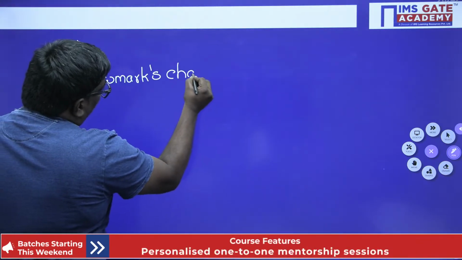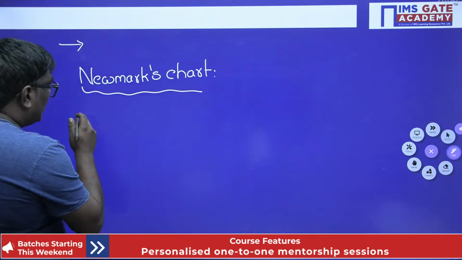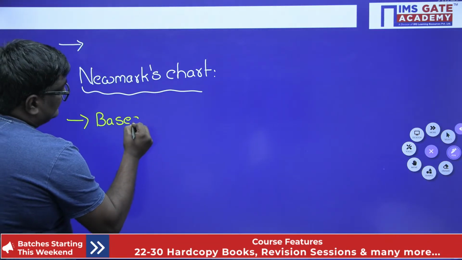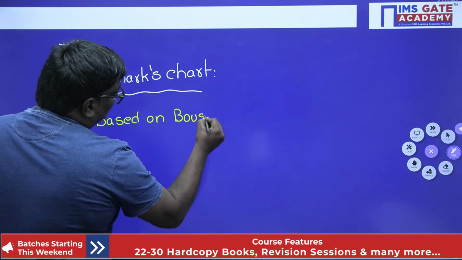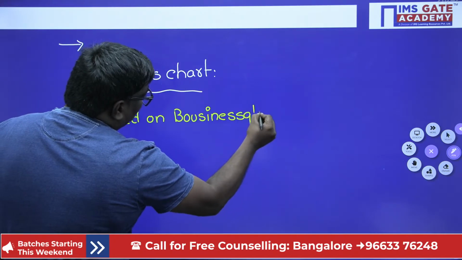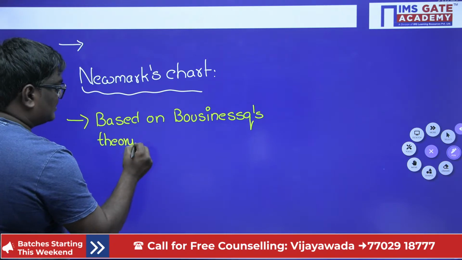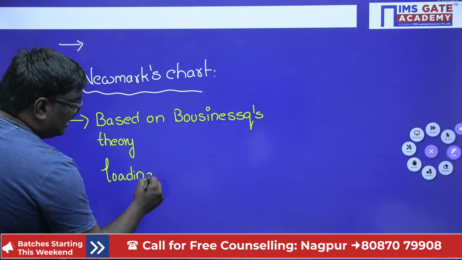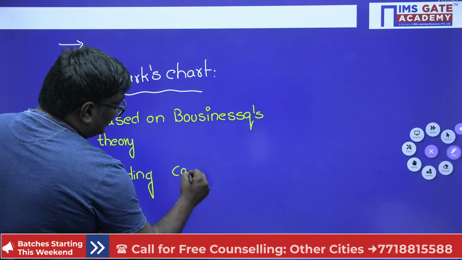And remember, the first point is that this chart is also based on Boussinesq's theory. Now, sir, the loading can be any shape. It need not be circular, or a point load, or any particular shape. You can write here: loading can be any shape.